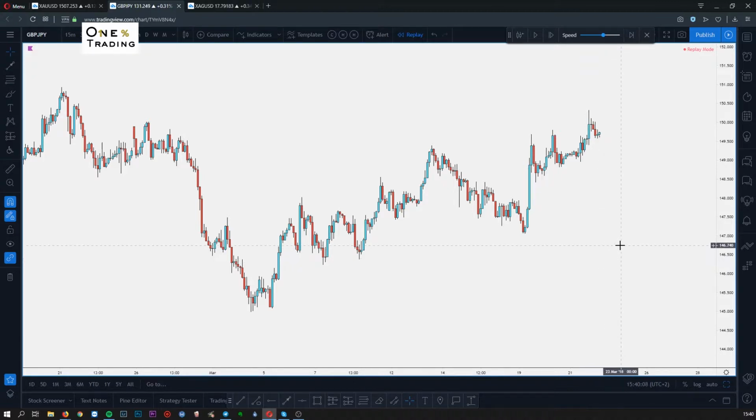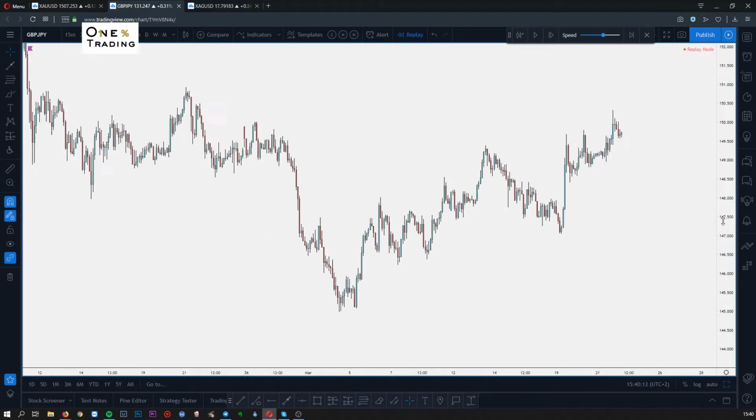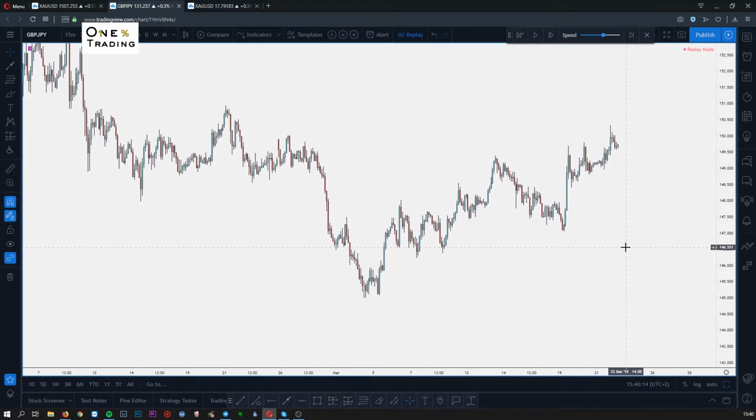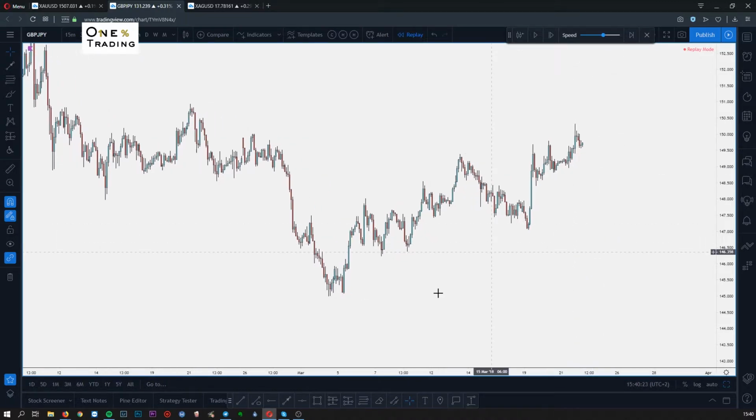So this was GBP JPY in March 2018. It's just a random point in time. You could probably find very similar examples all over the market.